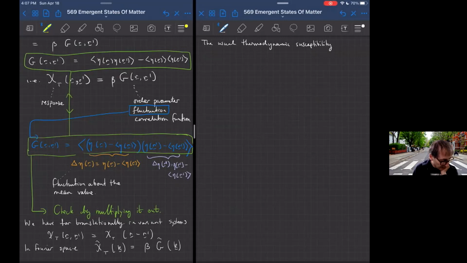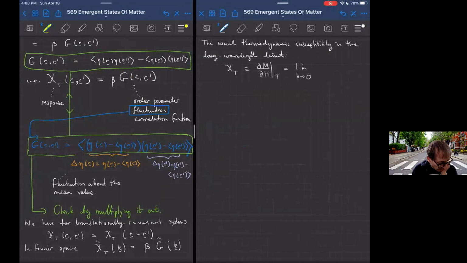So that usual thermodynamic susceptibility is simply the long wavelength limit. In other words, the thing that we call chi t, which you might think of as dm by dh at fixed t in usual thermodynamics, is just the limit as k goes to 0 of this wave number dependent susceptibility.